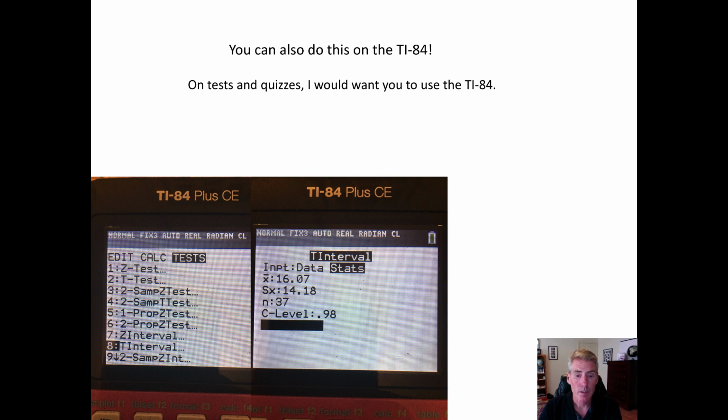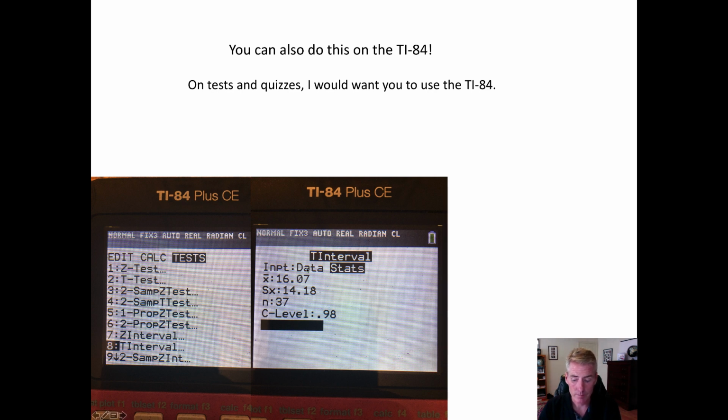Then you type in the given data. By the way, right here, make sure that this is saying stats, so you can type in X bar, S, and the N. If you had a list of data, that's when you would click on data. That would be if you typed a bunch of numbers into list 1 and wanted to use that.